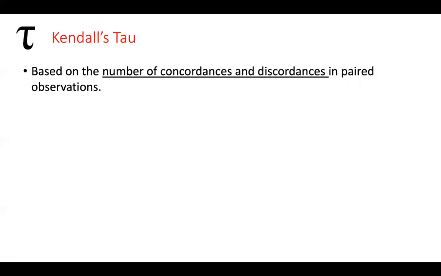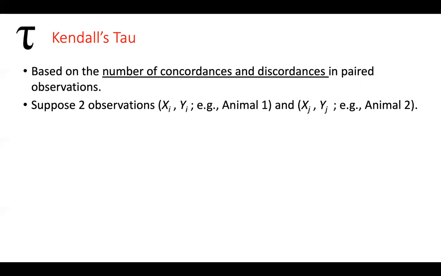But it has a slightly different approach than Spearman's rho. It is not a direct equivalent of the Pearson correlation coefficient, but it's based on the number of concordant and discordant pairs, so paired observations. I will basically explain right now what that means.